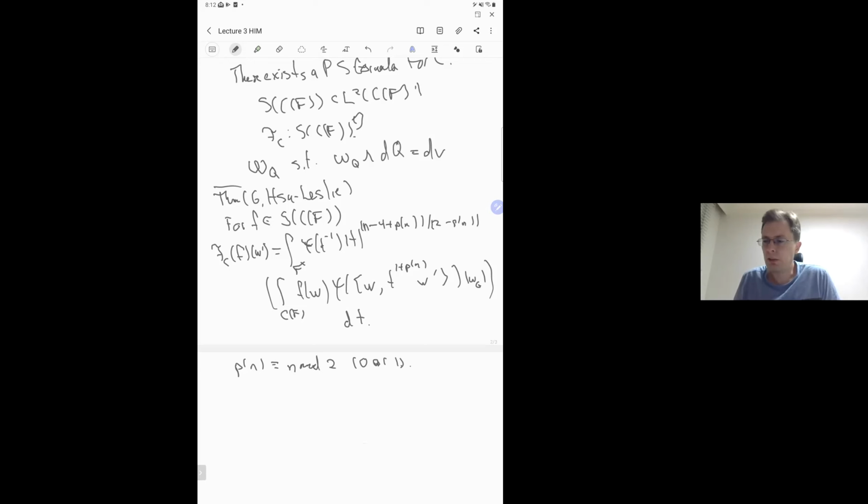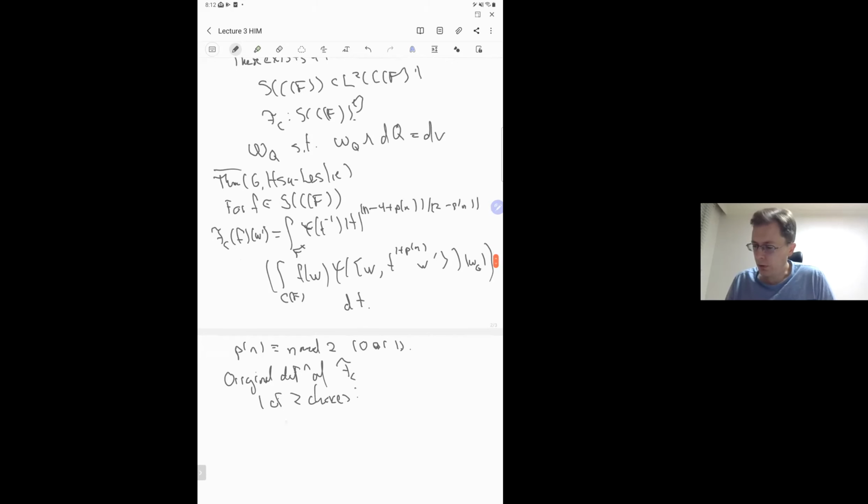Another way of putting it is that the original definition of the Fourier transform FC, you can take one of two choices. One choice is a lift of a normalized intertwining operator.